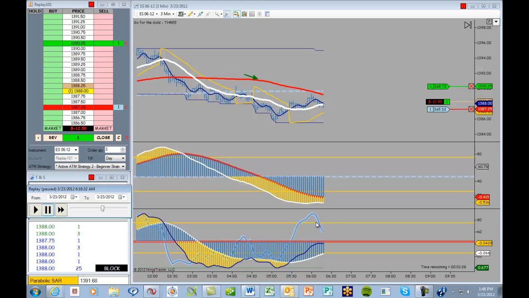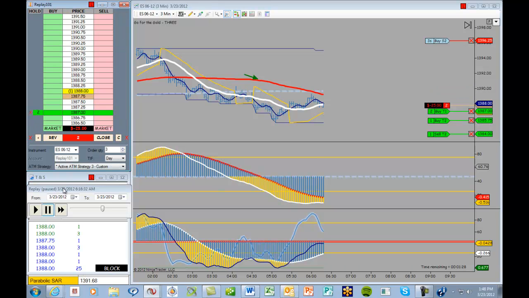Well, we have come out of the overbought zone here. Let's reverse this position and see what happens.